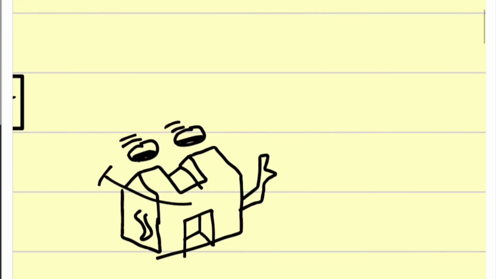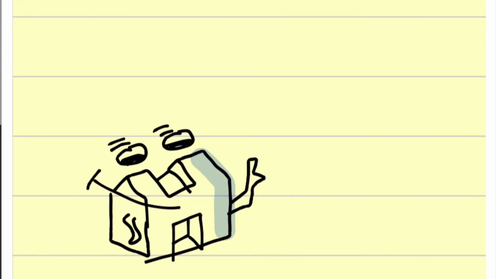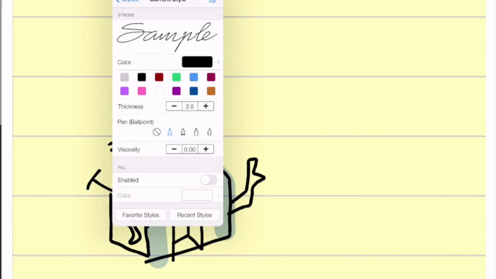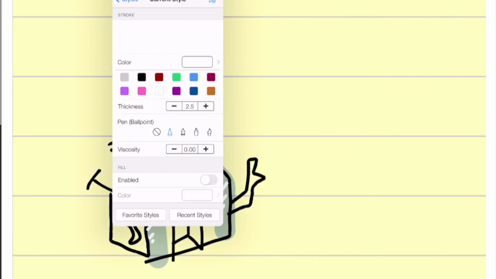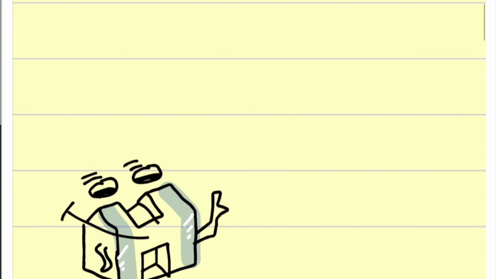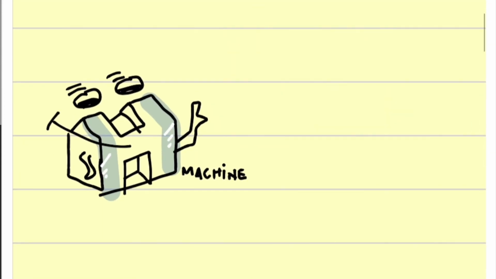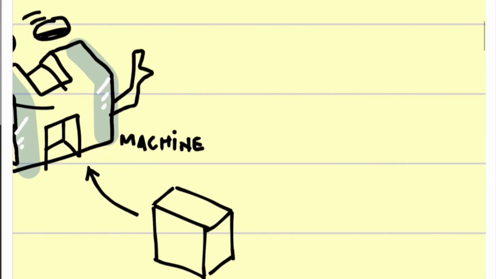We can look at a machine. Within the machine, you can find, let's say, many parts, like the gears, and within these parts.